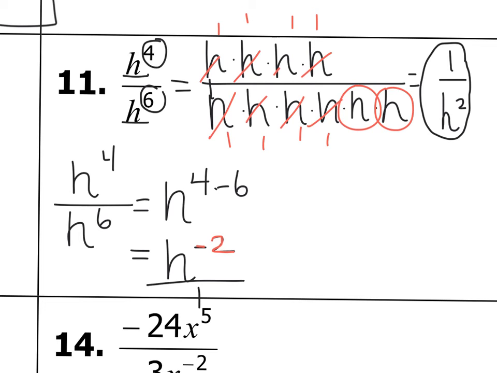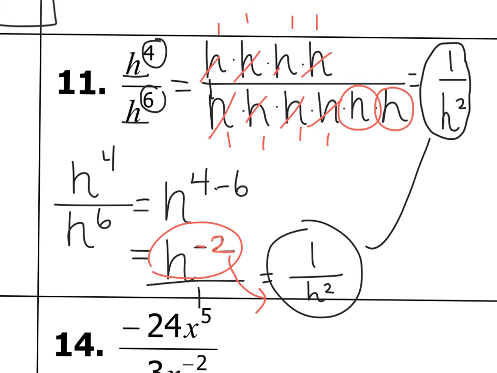So that means this goes to the bottom of the fraction line, and I end up with the same answer I got when I wrote it in factored form. So for a question like this, you could either write it in factored form and simplify, or you could use a rule knowing that you subtract the exponents, simplify, and when you get a negative exponent, you'll have to remember to flip it to the other side. Either way, our answer is 1 divided by h to the power of 2.